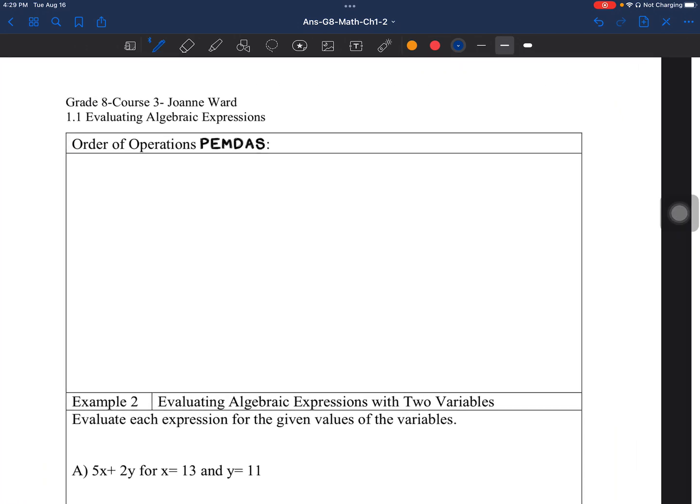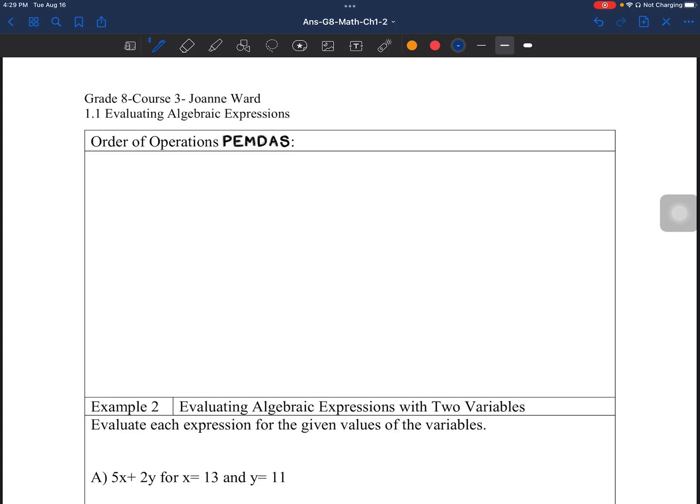So when we evaluate, we substitute the number for the variable.